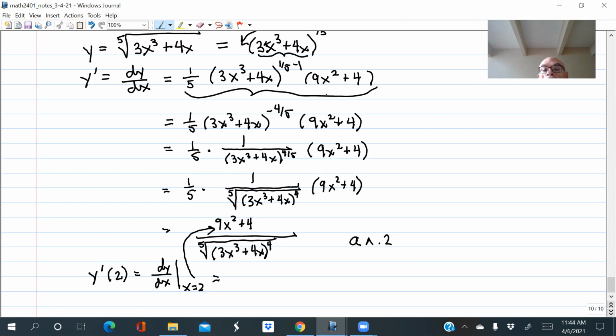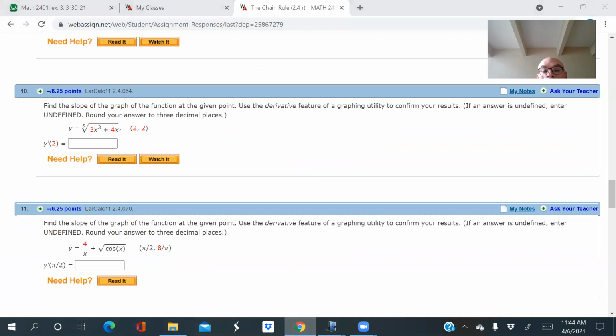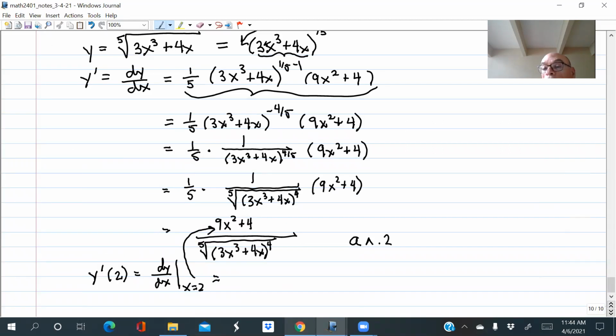So the key lesson in this problem is not the arithmetic so much, it's remembering to use the chain rule when you're calculating the derivative of this ugly fifth root. There are certainly problems like that on the sample test, and of course there are going to be problems like that on the test.